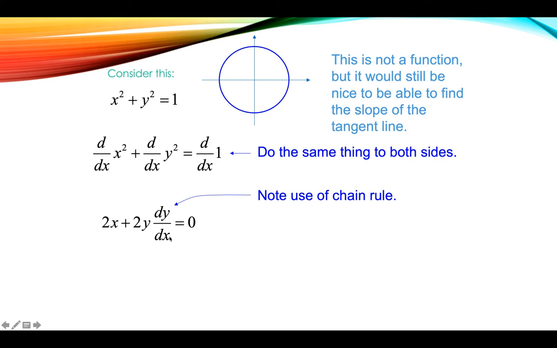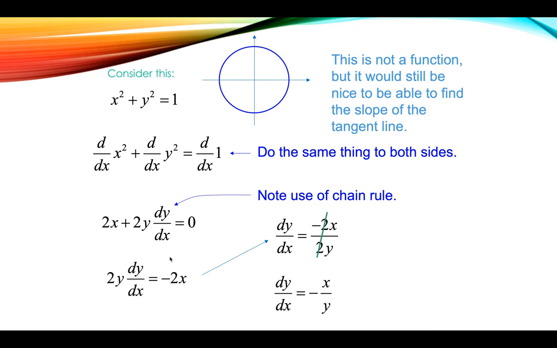Now, we want to get this derivative of y with respect to x isolated, so we need to move the 2x over to the other side of the equation, and then we need to divide by 2y. So we get the derivative of y with respect to x is equal to negative 2x divided by 2y, and so the 2's cancel.